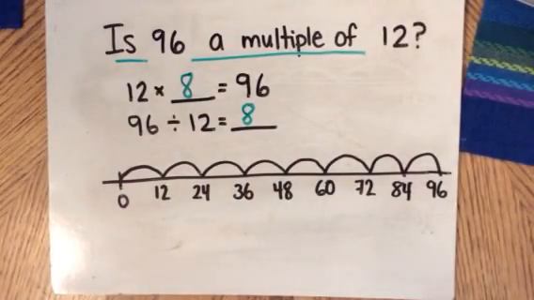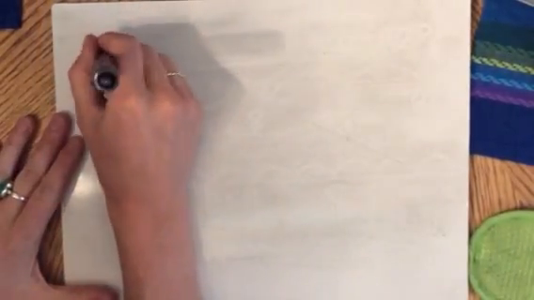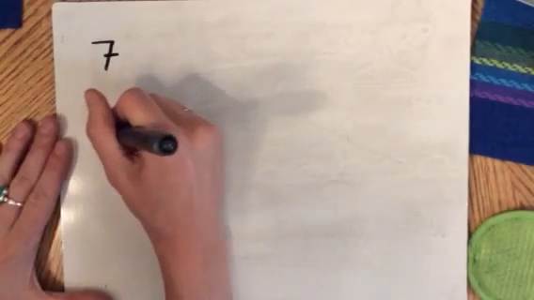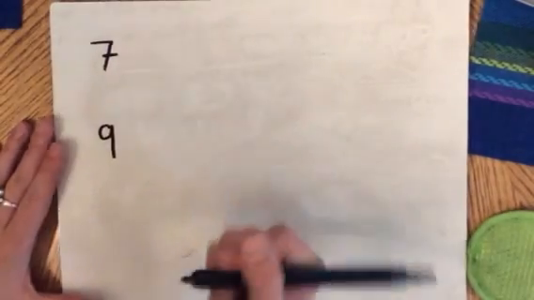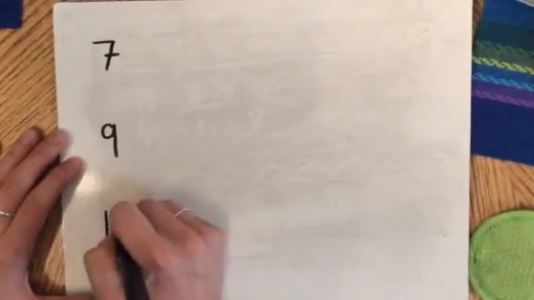So for your little exit ticket, what I'd like you to do on your own board, here are a few numbers: 7, 9, and 16.